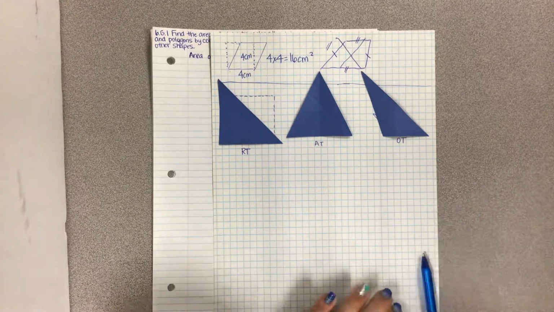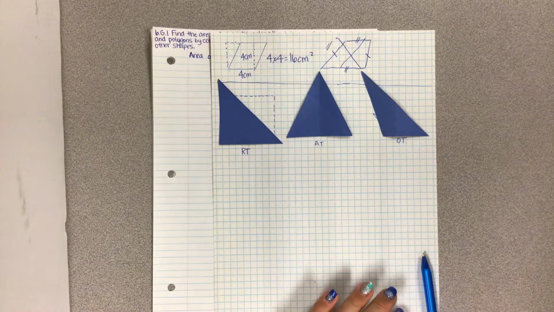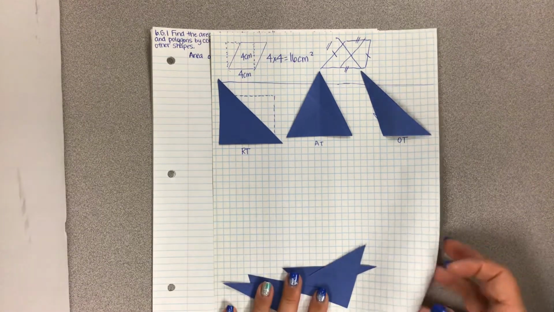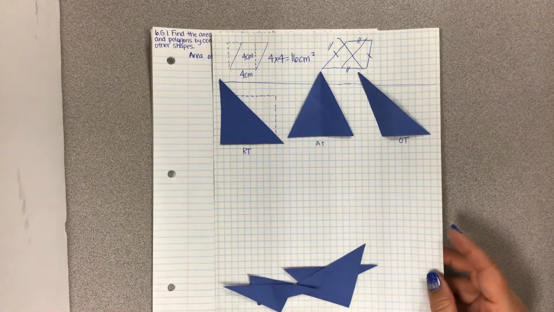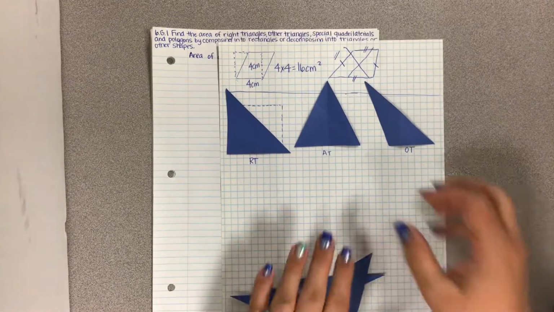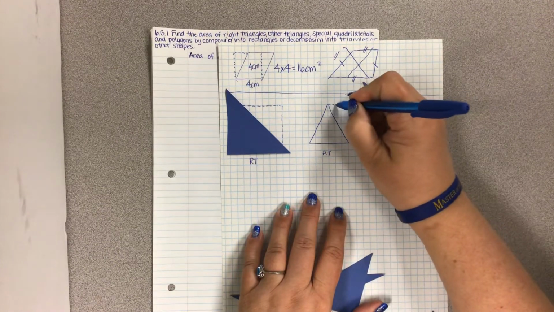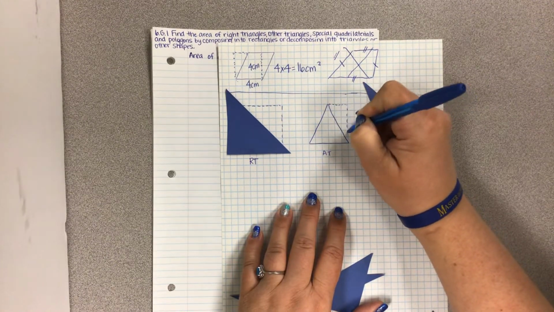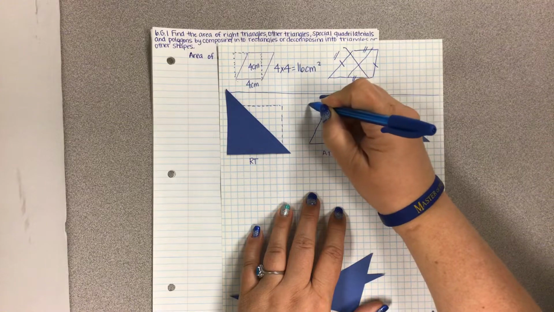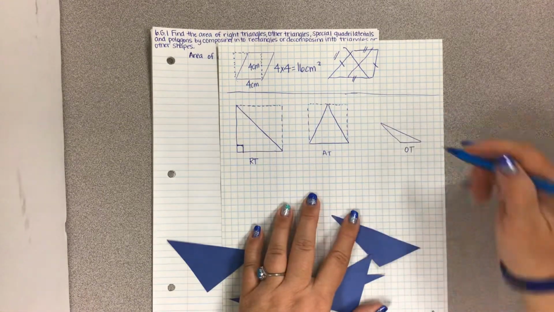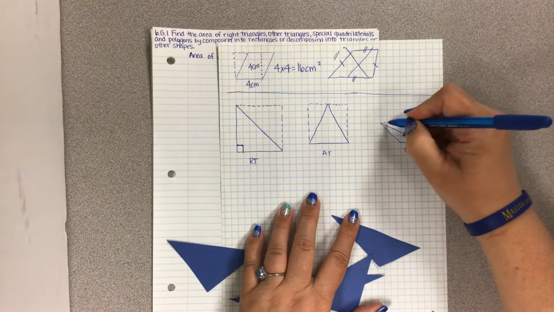Okay, so those are the three main types of triangles. And no matter what you do, you can somehow cut it in half to find the area of the triangle. So I'm going to go in and draw, like I did yesterday, the dotted lines that show that these are in fact rectangles.